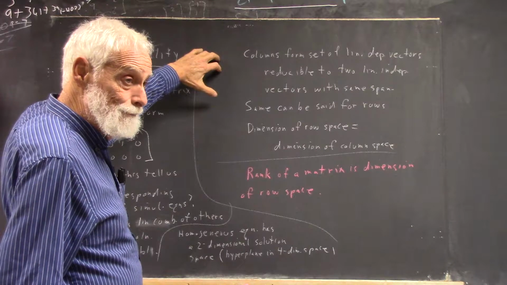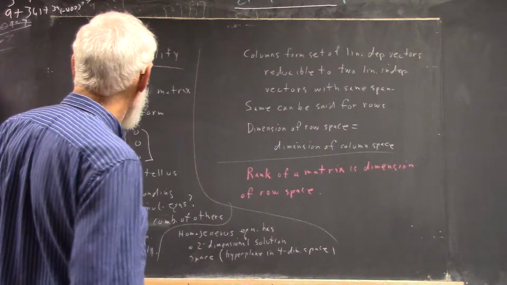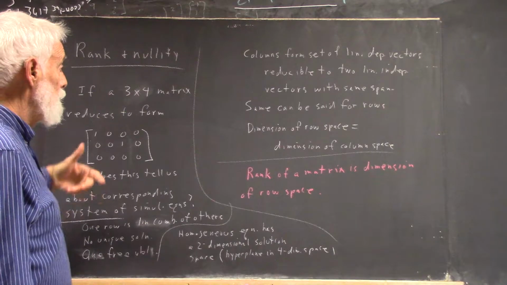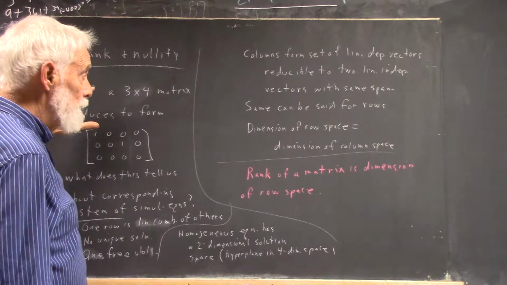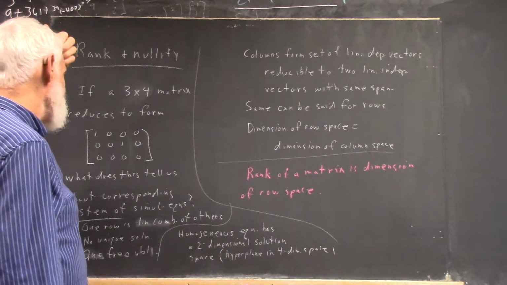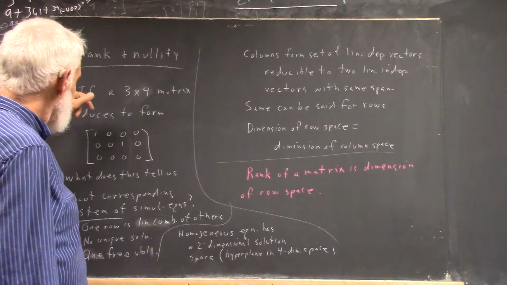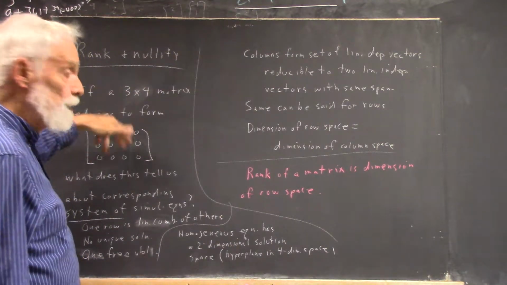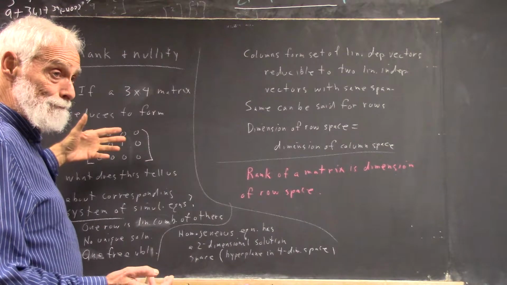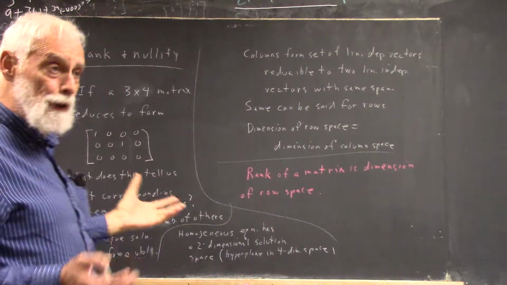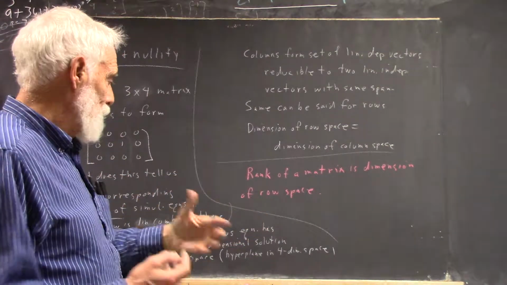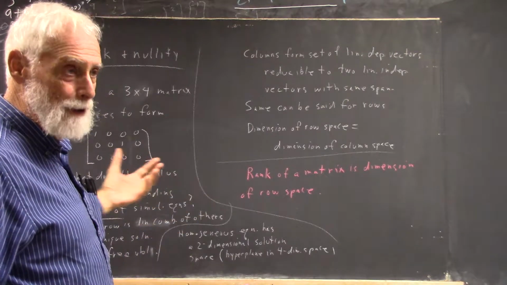Okay? If you take all the columns of the original matrix and write them down, as we've done with sets of vectors, you mention linear independence right away.